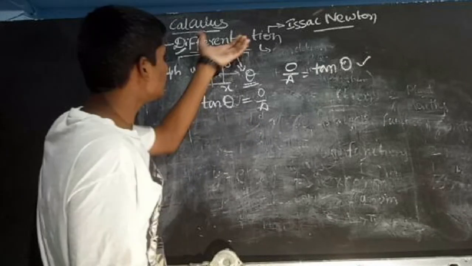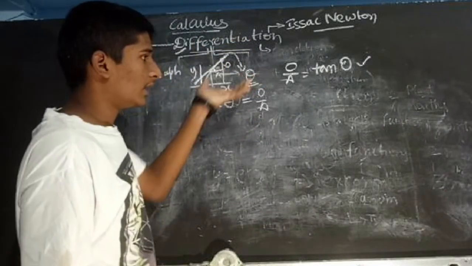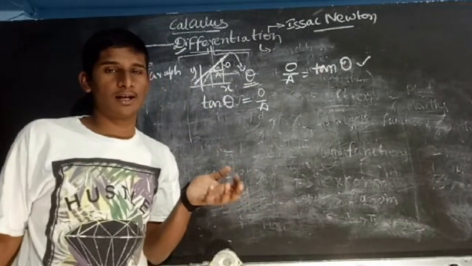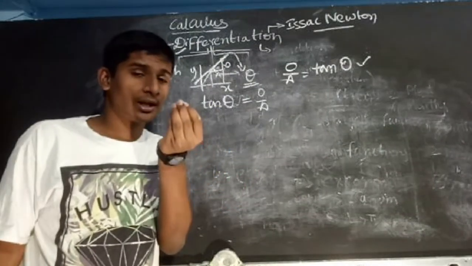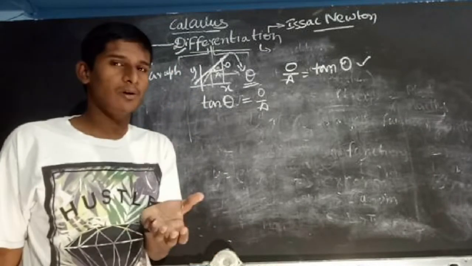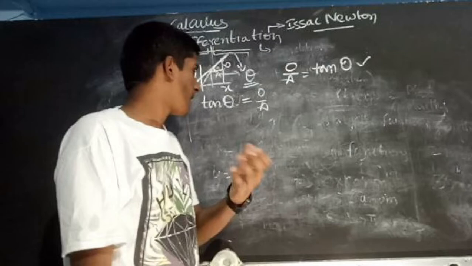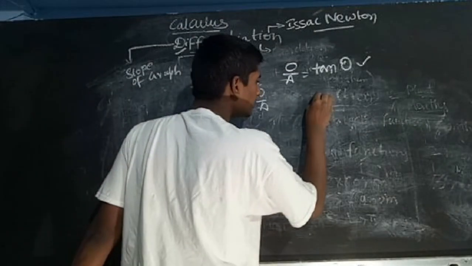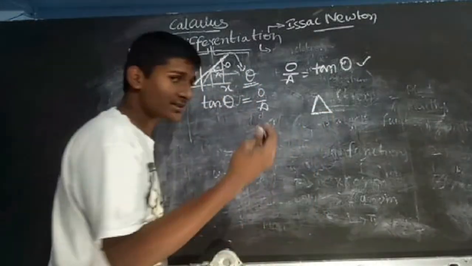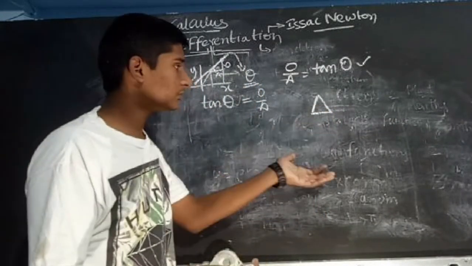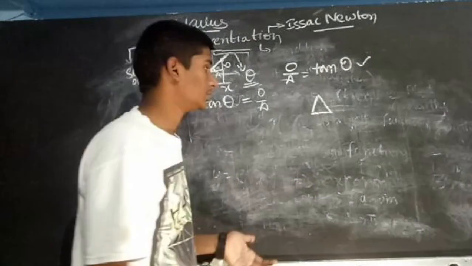In differentiation, I said that differentiation is needed for small immeasurable quantities. You know that? Immeasurable quantities. See, one more thing is there. If you write delta, delta is the change in that particular variable.